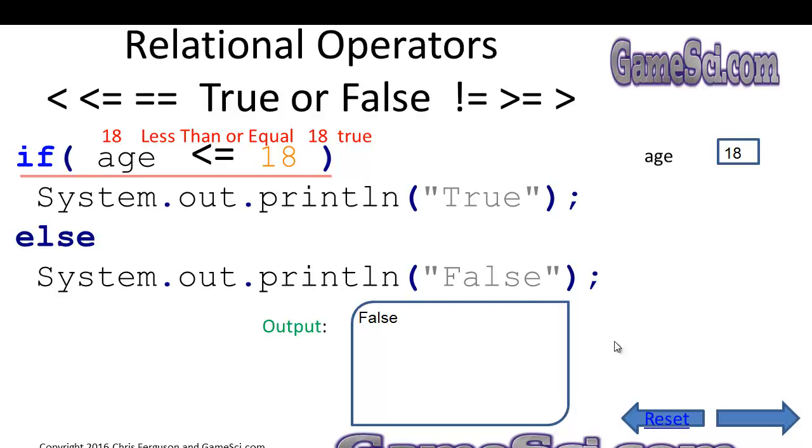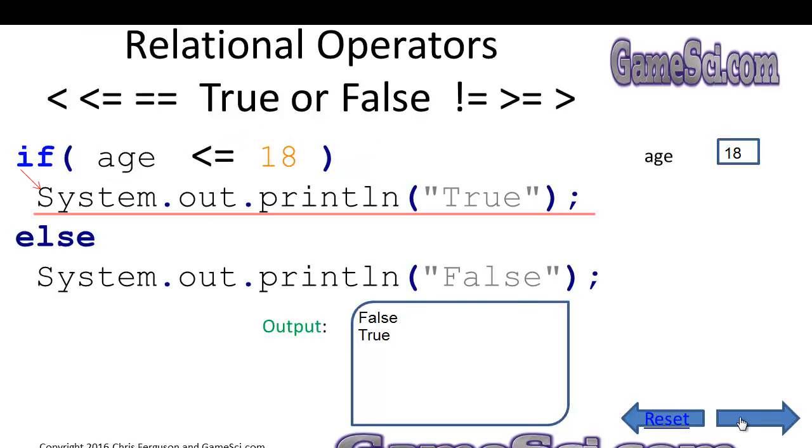We should know by now it's going to go inside the if portion and execute the System.out.println true. So not only does the different relational operator affect true or false, the different value in the age variable will affect whether it's true or false and determine which statement it executes. So with the statement of true, it'll print true to the output, and we'll continue on.